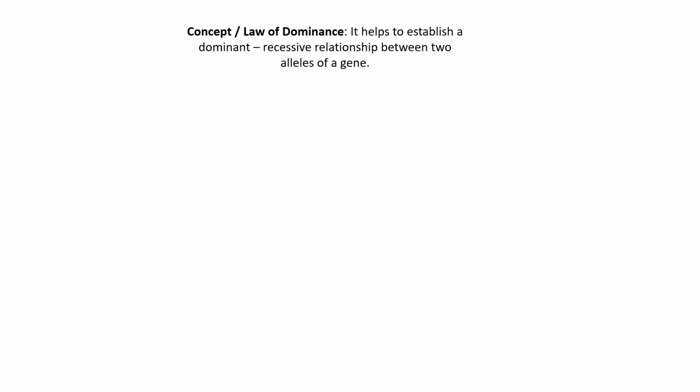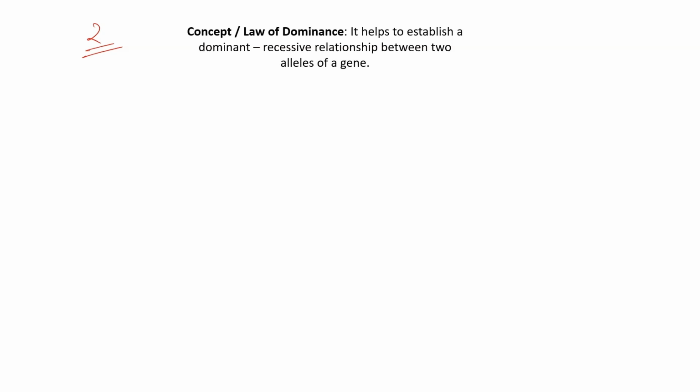We already learned in the last video that the gene always contains two alleles, and in both the alleles, one will be dominant and one will be recessive. In future, we'll learn about multiple alleles also, and apart from this dominant-recessive relationship, other kinds of relationships exist between alleles.